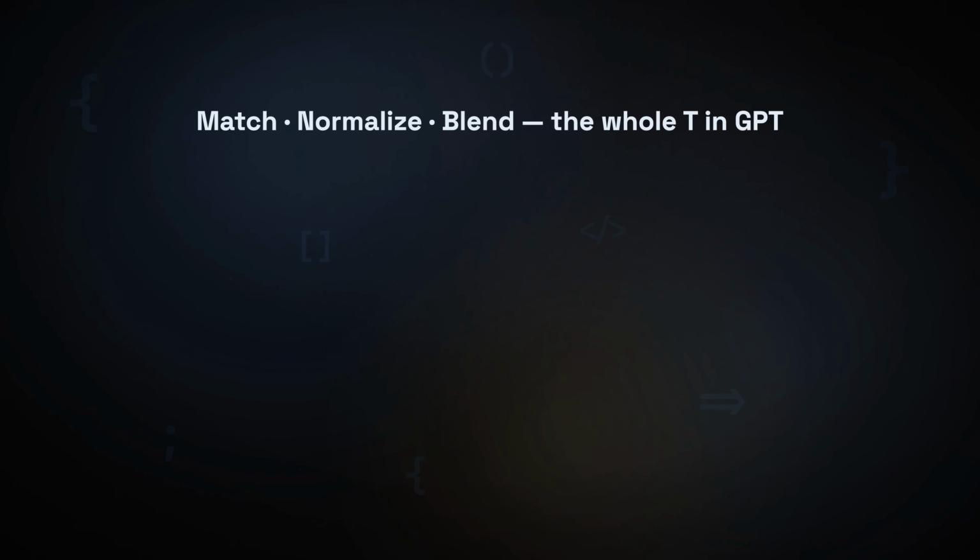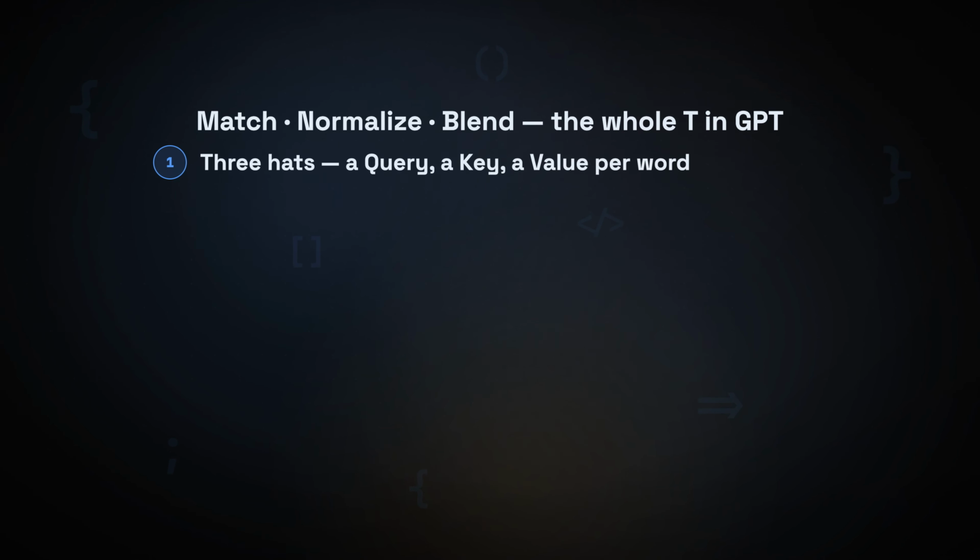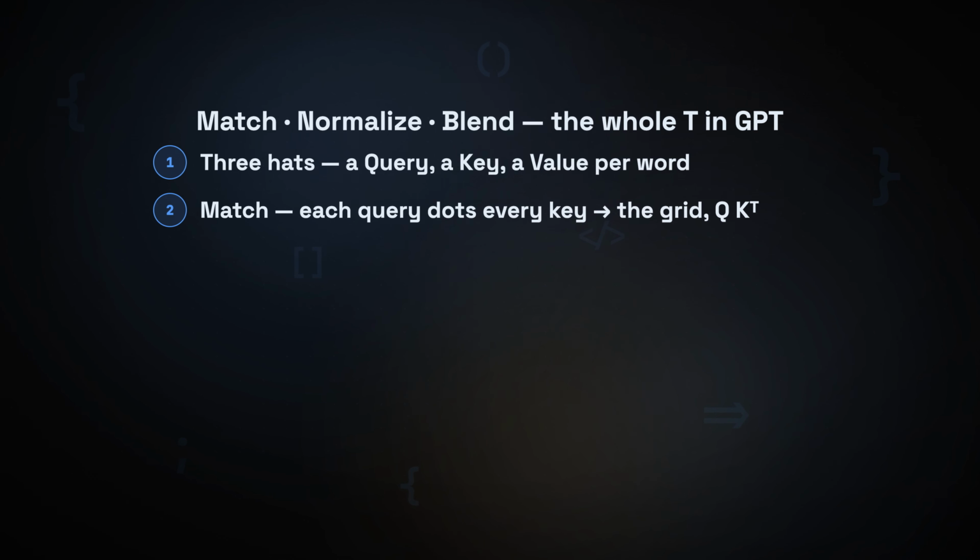Let's lock it in, because you just learned the engine of modern AI. Remember that confused little word from the start? It, flickering between the animal and the street? Here's exactly what saved it. 1. Every word puts on 3 hats: a query for what it wants, a key for what it advertises, a value for what it gives. 2. Match.